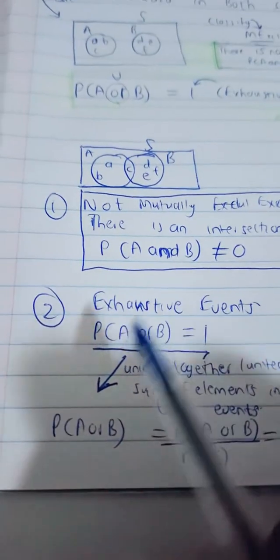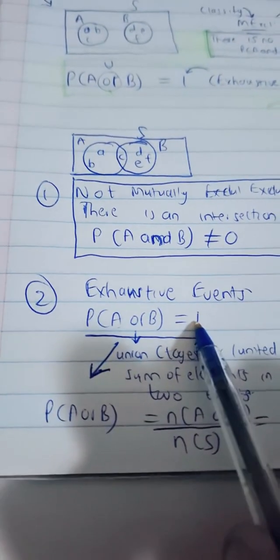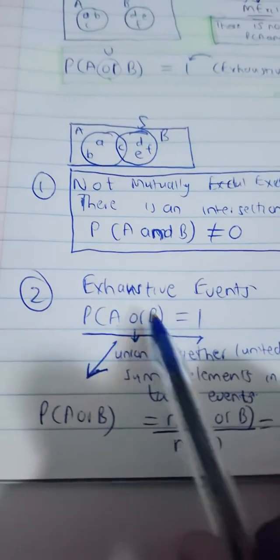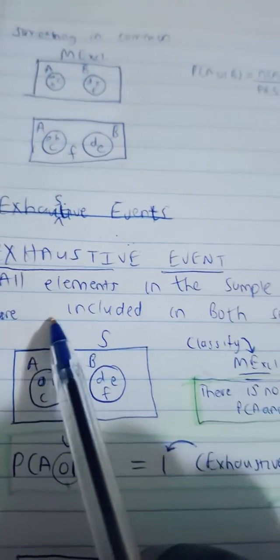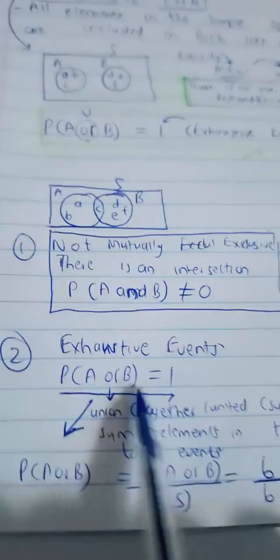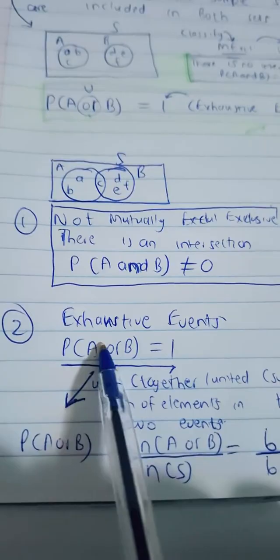We say exhaustive events, and this is our reason for saying they are exhaustive. P(A or B) is equal to 1, because in any situation where the elements in the sample space are included in both the sets entirely, you are always going to get the probability of A or B being equal to 1.